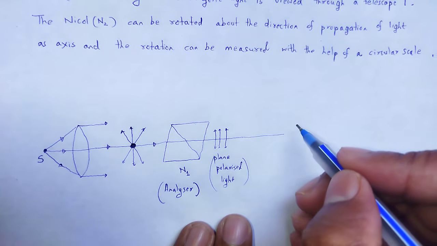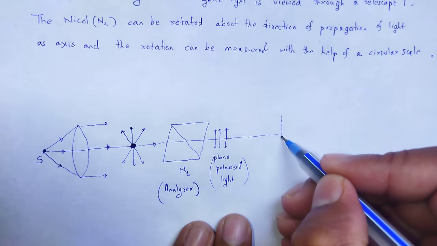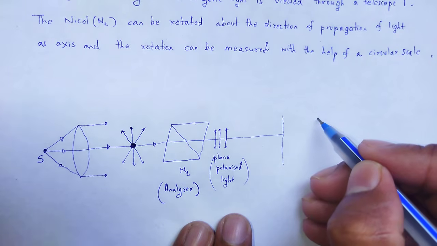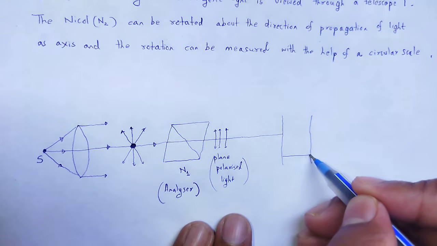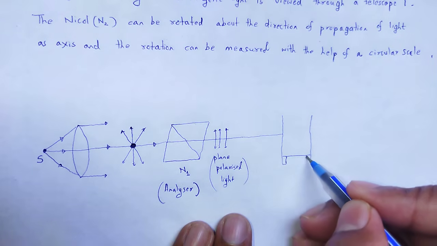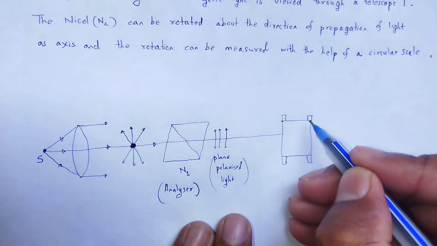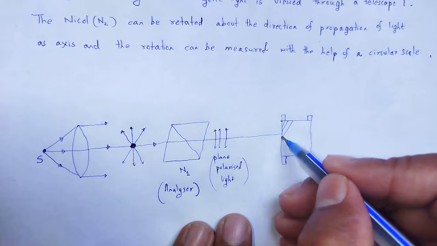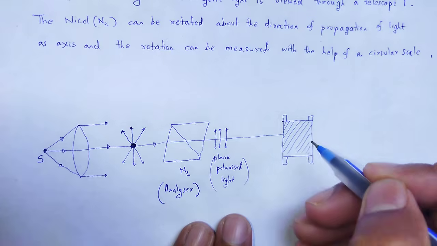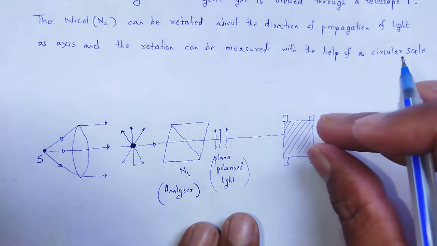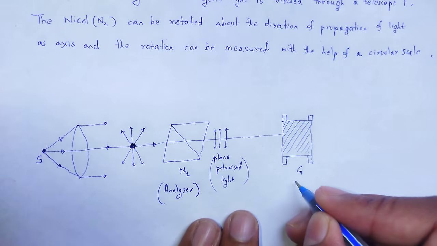And we use a glass tube here, in which the optically active substances are used. This is the glass tube.